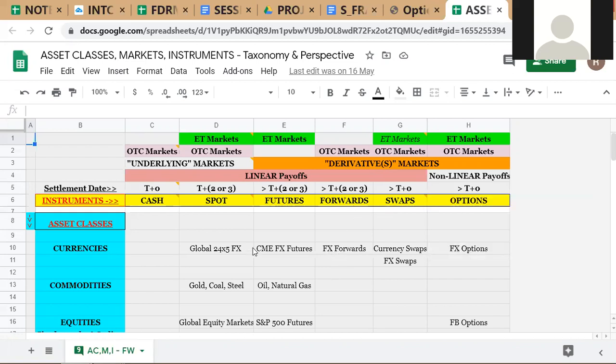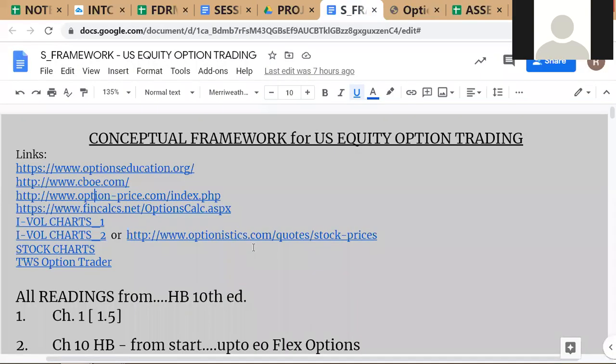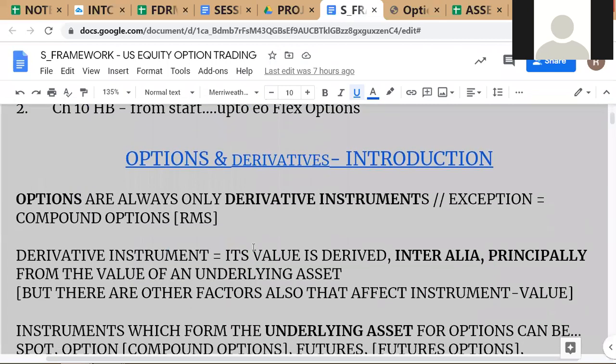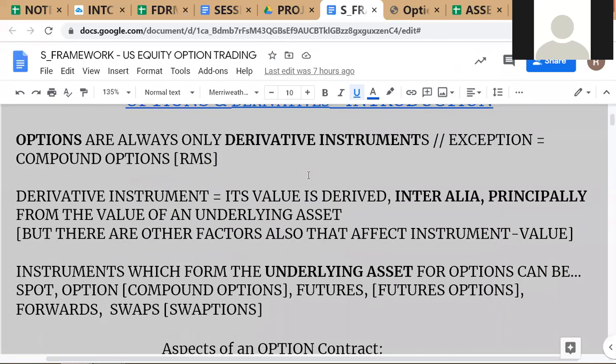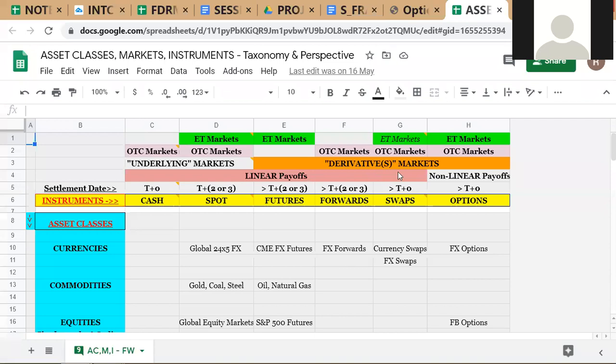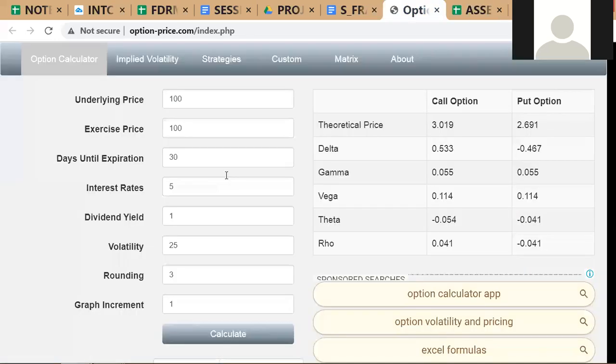So options, derivatives, what are the other types of derivatives, and what are the common underlying instruments. Whenever you have derivatives, you have underlying instruments. That's why you have a contrast here between derivative markets and underlying markets. What are the common underlyings for derivatives?